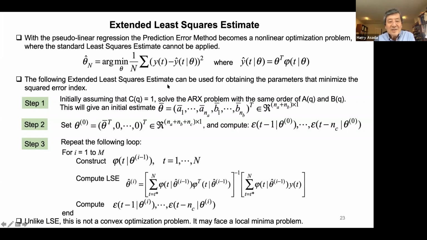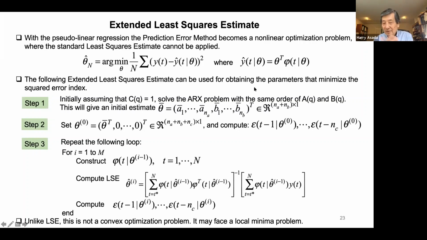If that's the case, the problem reduces to an ARX problem, where e t, white noise, comes directly into the system. That ARX model has a unique optimum solution, because it is a convex optimization problem.